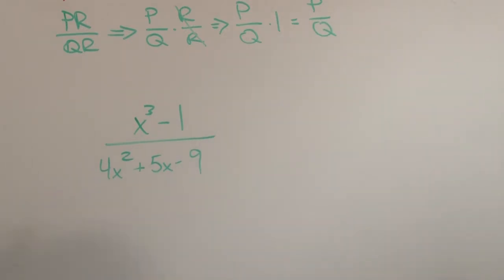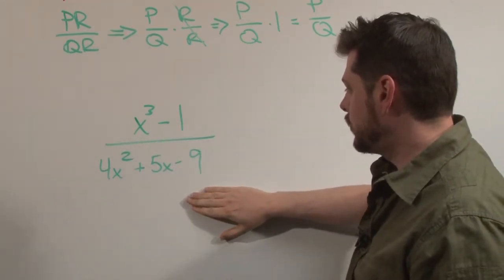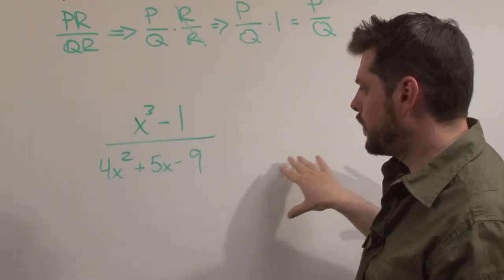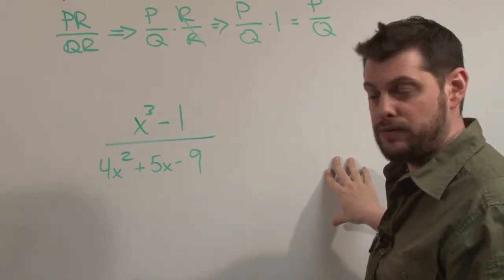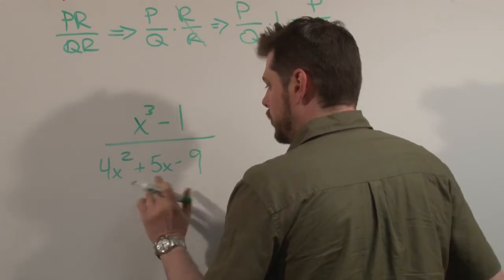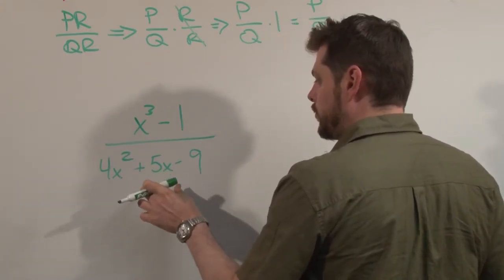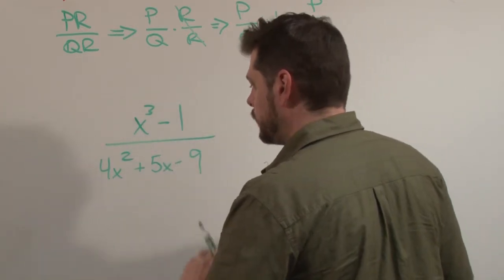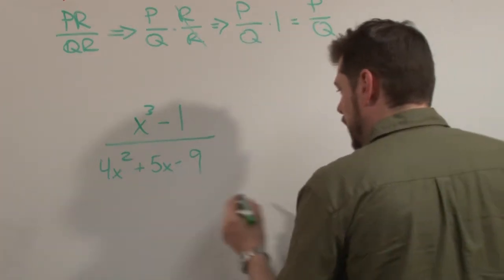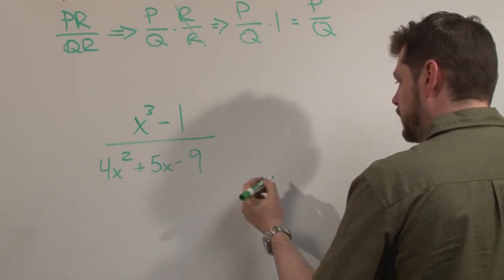Okay? So the bottom you may recognize as in the form of the top in our previous example. So we're going to use the same strategy to rewrite this trinomial as a product of two binomials, the same method I showed you in the previous example.